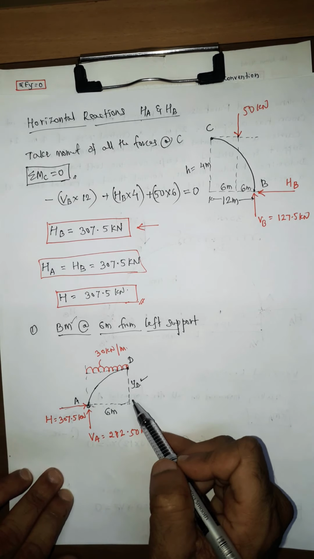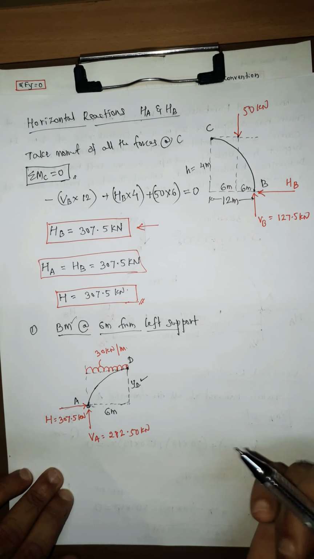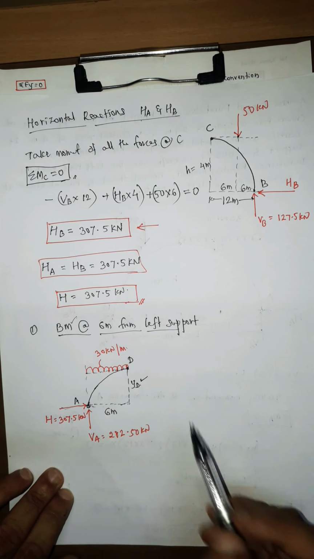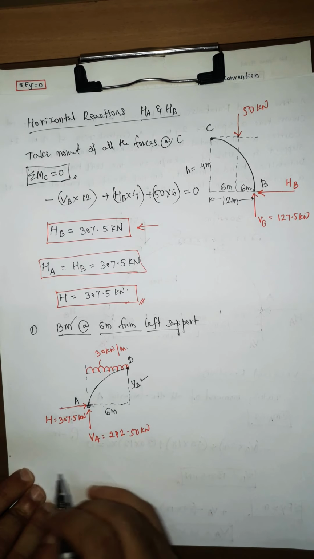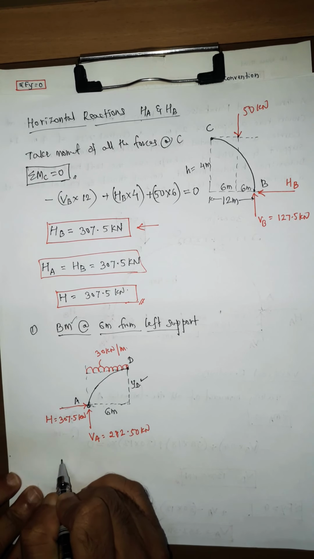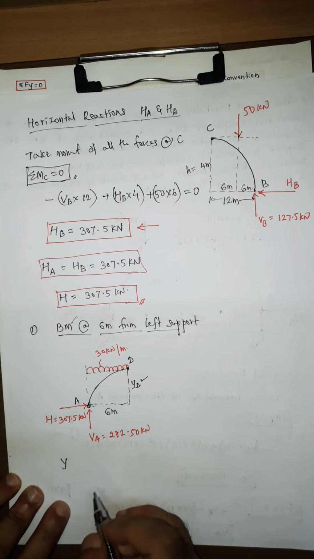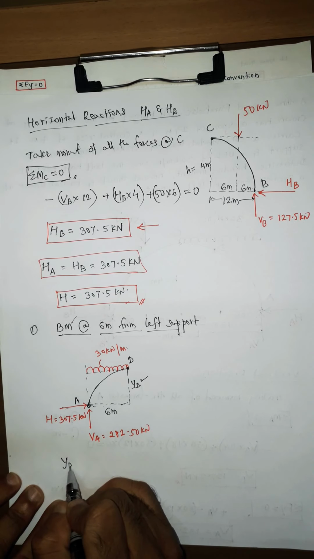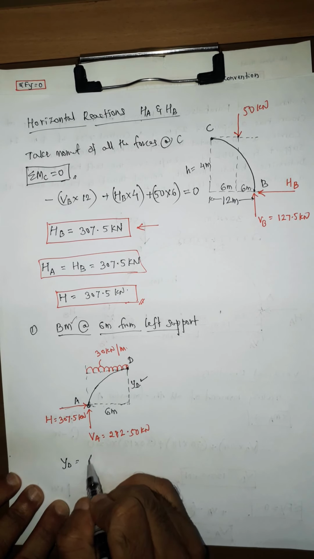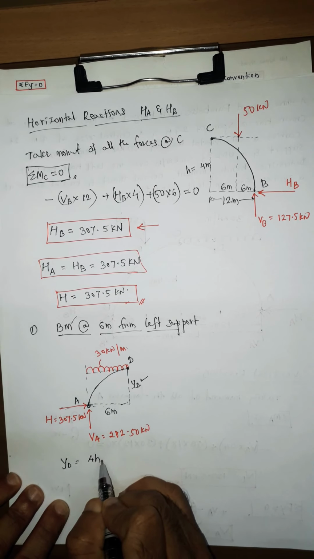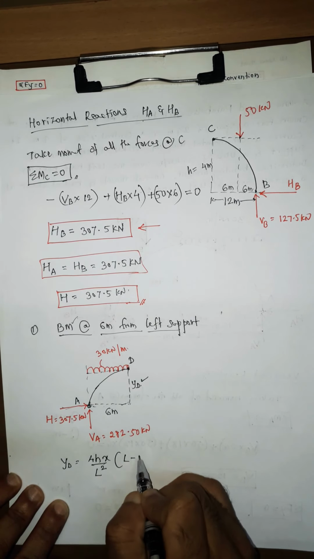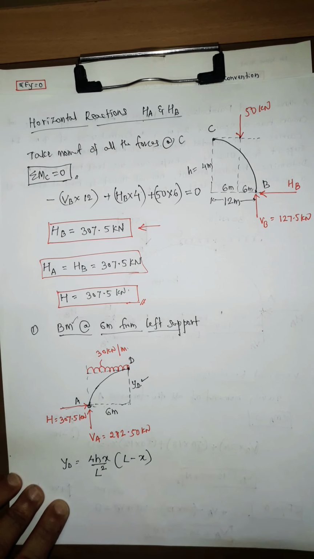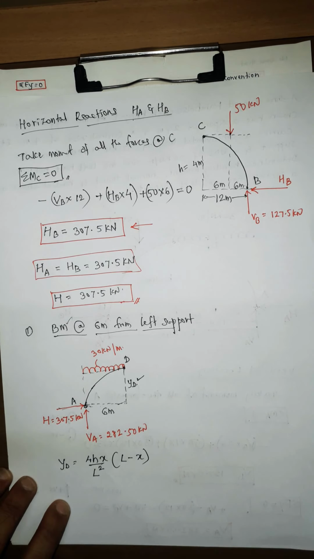Similarly you can calculate theta also, because that theta will be used when finding the radial shear and normal thrust. And we know the equation of parabola, we can write it as Y is equal to 4HX divided by L square into L minus X. This is what we studied in the first session.